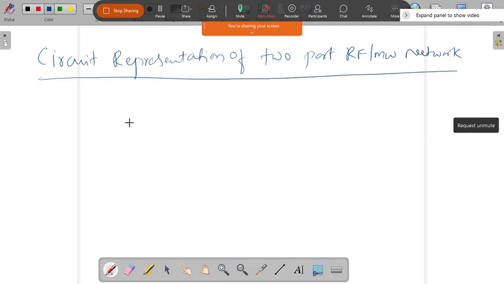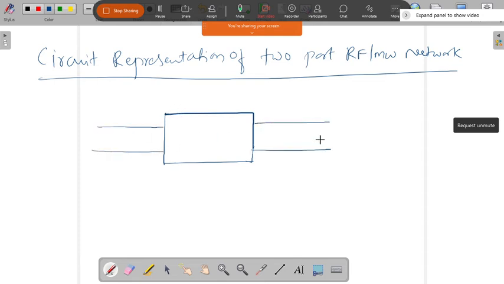So what is actually a two-port network? You might have studied it in your network analysis. So what are the network parameters you are going to use? A two-port network means you have port 1 and port 2, so there are only two ports to access.